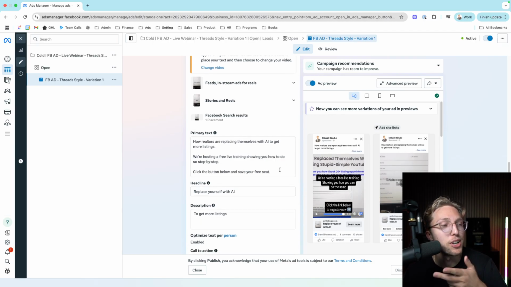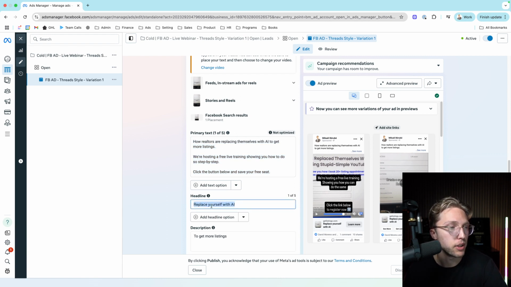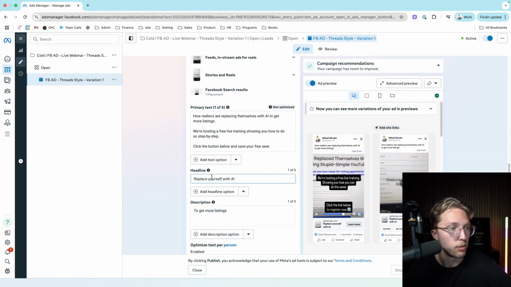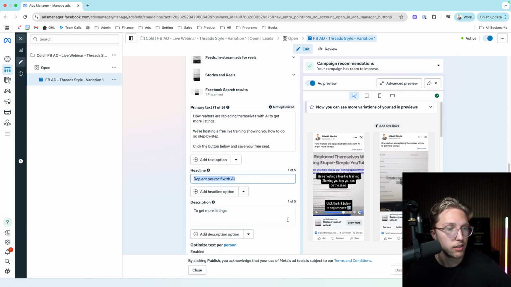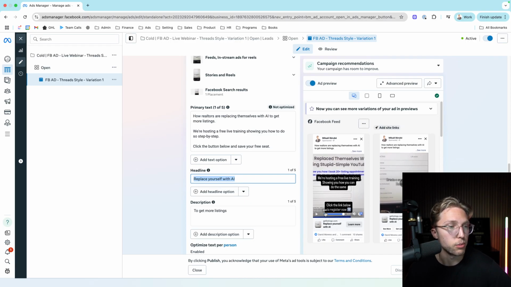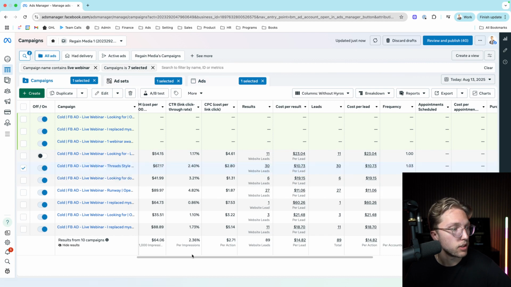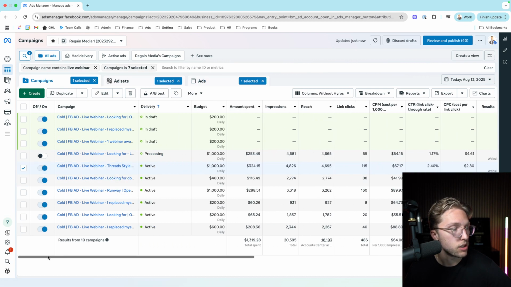If you watch the copy, it's not that great. The copy could be way better. We could create variations with better headlines. Actually, that's something I'll test right now, because I think the copy could be way better. Like, "Replace yourself with AI to get more listings." It could be a little bit better. And this was made really easily, yesterday, on the fly. Okay, so note to myself, I'll scale this one and create a variation.